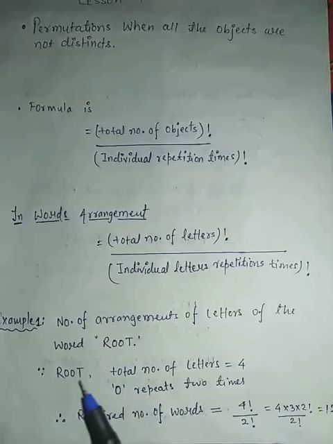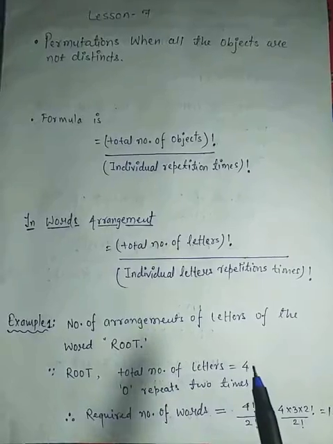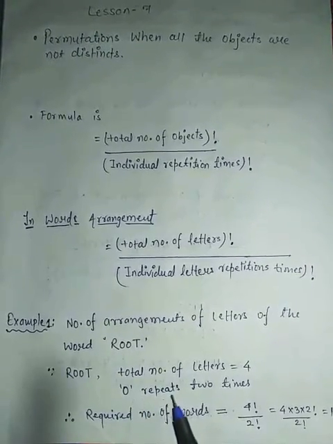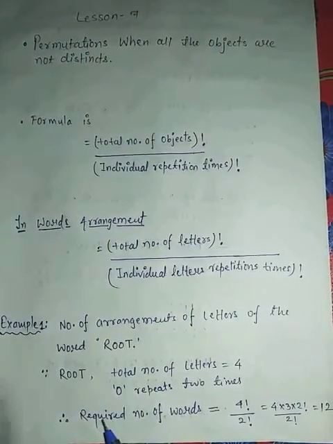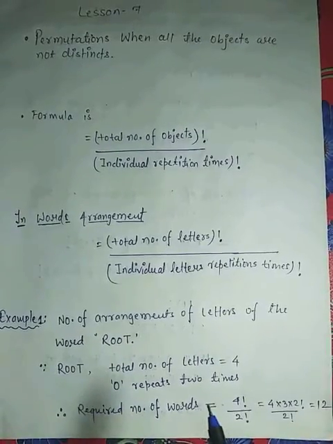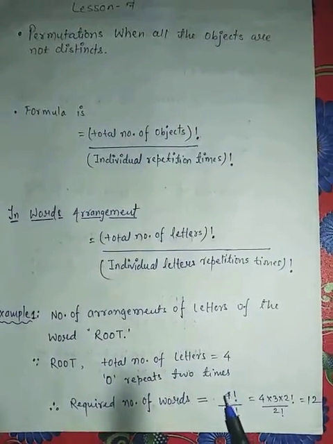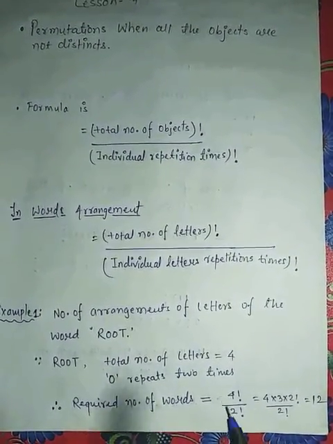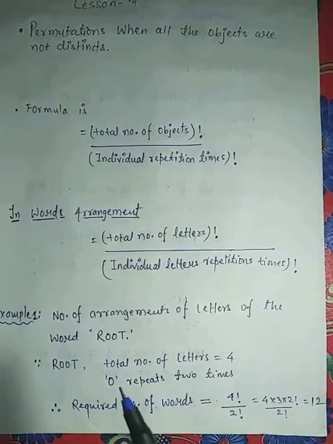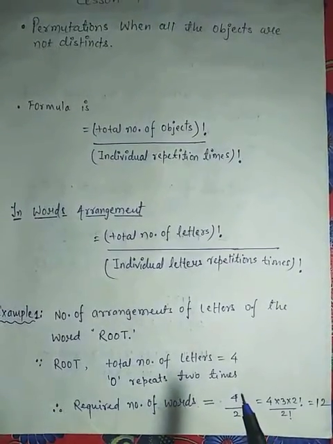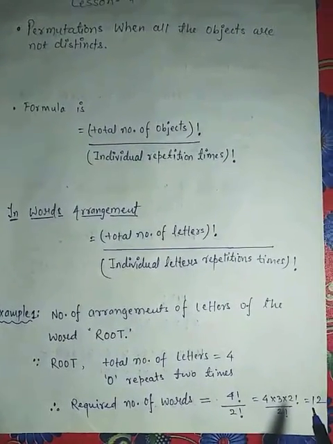Since in ROOT total number of letters is 4 and O repeated 2 times, therefore required number of words equal to total number of letters, that is 4 factorial, divide by individual letters repeating times. The letter O repeats 2 times, so 4 factorial by 2 factorial, and after simplifying we get the answer is 12.